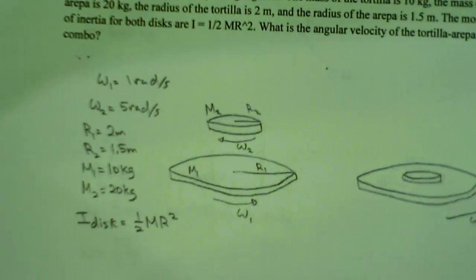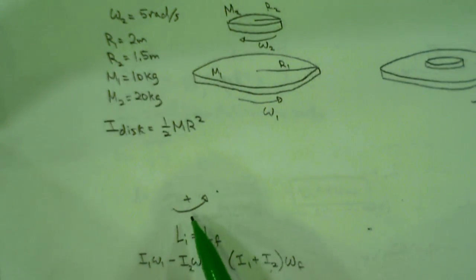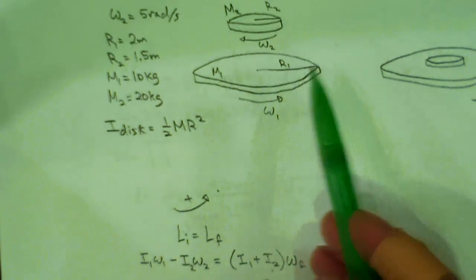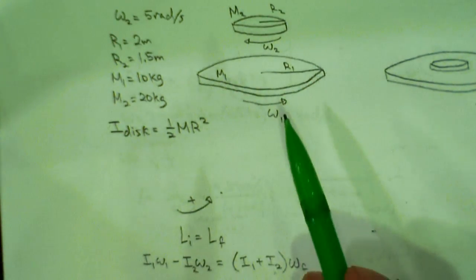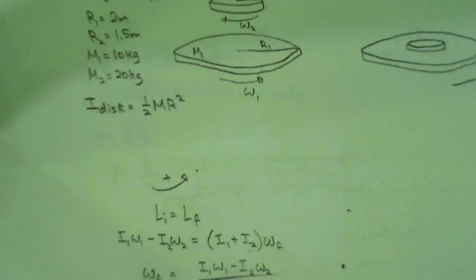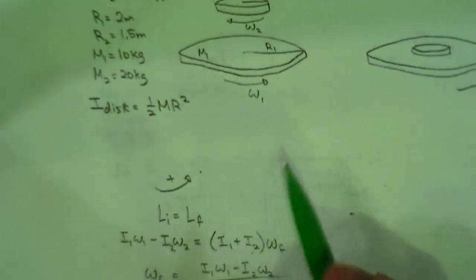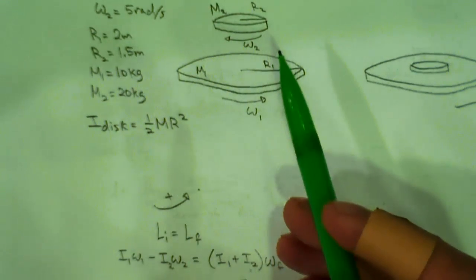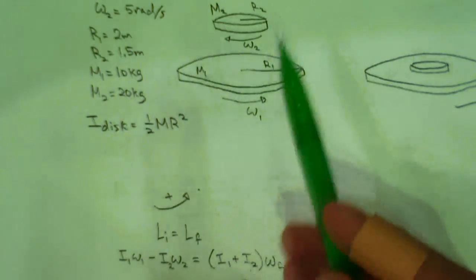And now what we need to do, like the other problems, is define a positive direction. So I'm going to state that anything moving in this direction is positive. Okay? So we do Li equals Lf. Initially we have two different angular momentums, one due to the tortilla spinning and one for the arepa.